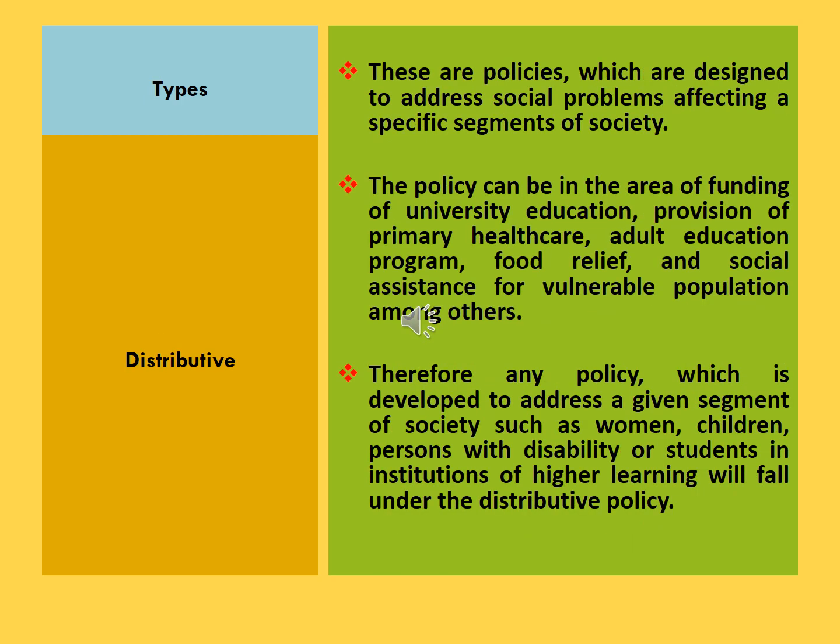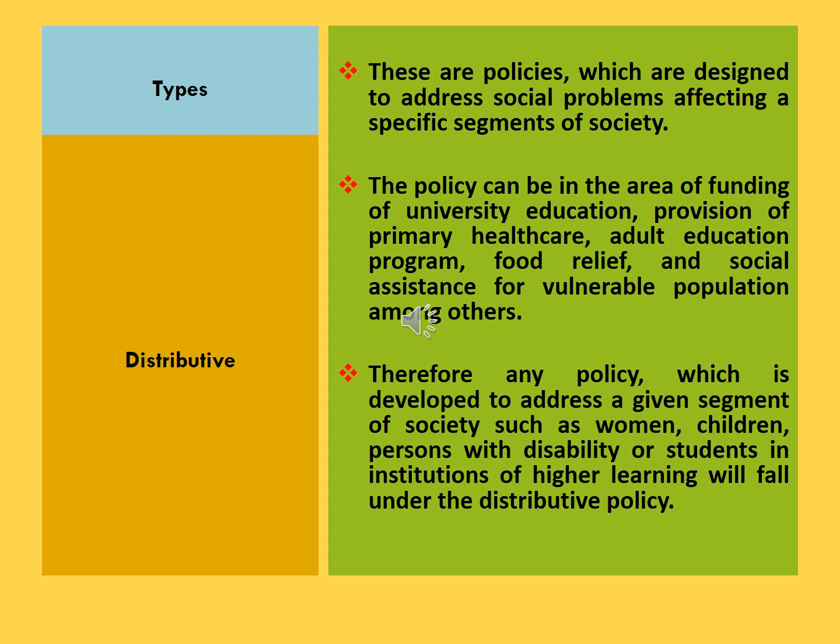The other type of policies is called distributive policies. These are policies which are designed to address social problems affecting a specific segment of society. The policy can be in the area, say, of funding of university education, provision of primary health care, adult education program, food relief, and social assistance for vulnerable populations, such as the elderly and the orphans.